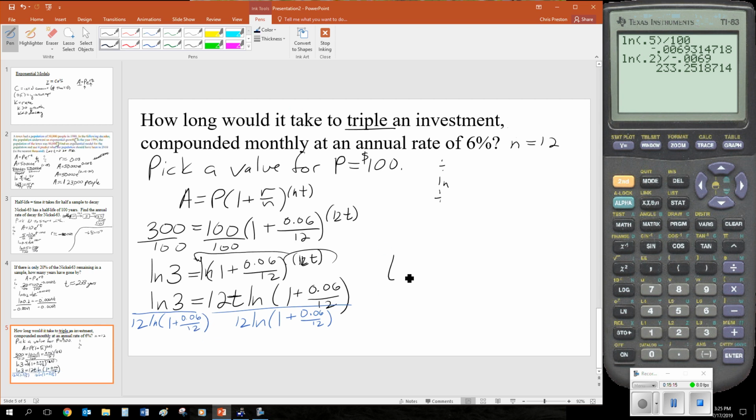And that's going to give me t is approximately, and I'm going to put that in my calculator, natural log of 3 as my numerator, divided by, since I have multiple things on the bottom, I'm going to put the whole bottom in parentheses: 12 natural log of 1 plus 0.06 divided by 12. Close the bottom. It looks like it's going to take about 18.4 years to triple my investment.